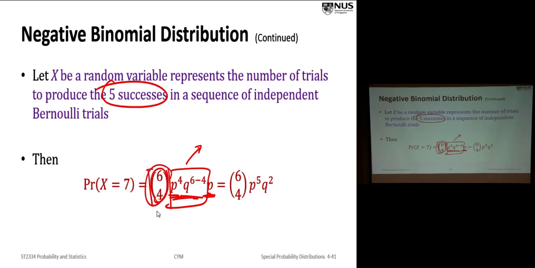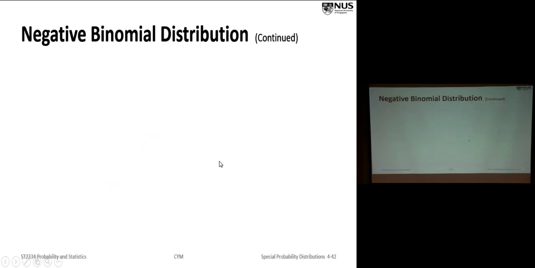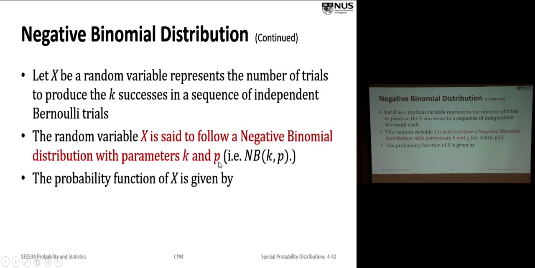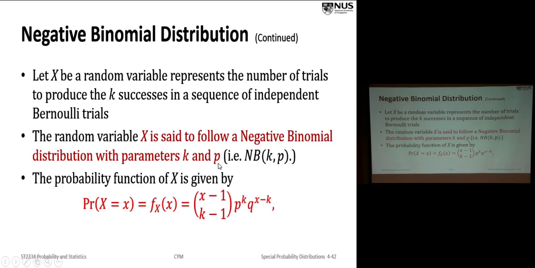And the number of sequences is choose 4 out of 6. So this is the probability of X equal to 7 for 5 successes. Now, of these 5 successes, the 5th one must be at the 7th trial. It's not any combination, but the 7th must be a success. So this is the general formula.